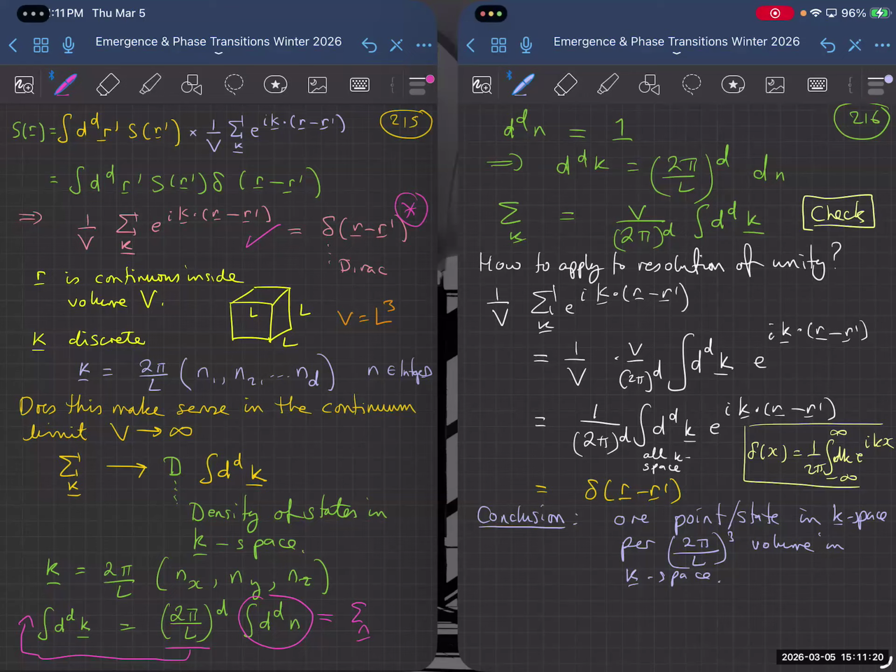Well, another way of saying it is just to remind you, the integral, the measure d^d k, is then just (2 pi over L) to the d, summed over n. Okay, so that's what we just did.